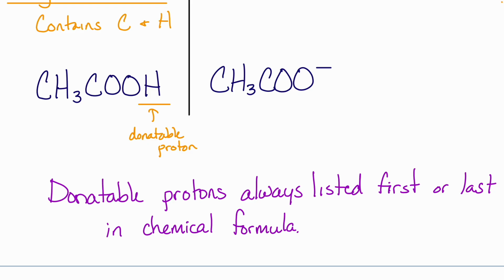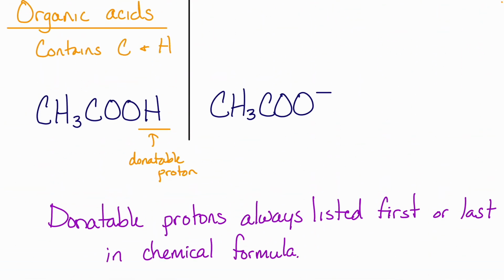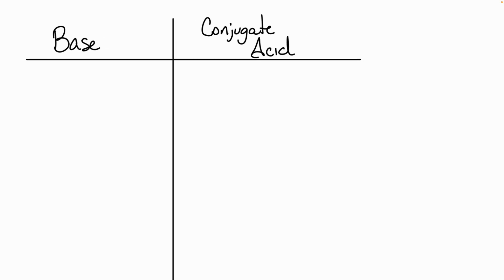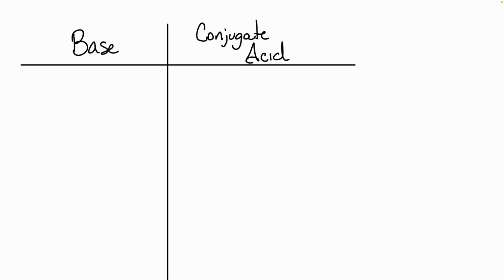Okay, let's play the same game now, but with some bases. I'm going to list a base, and you're going to give me its conjugate acid. We'll start out with that first example that we had done so we can remind ourselves how we did this. That base was NH3, or ammonia.